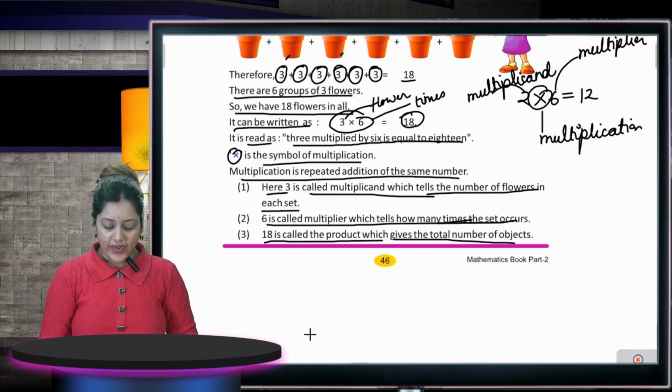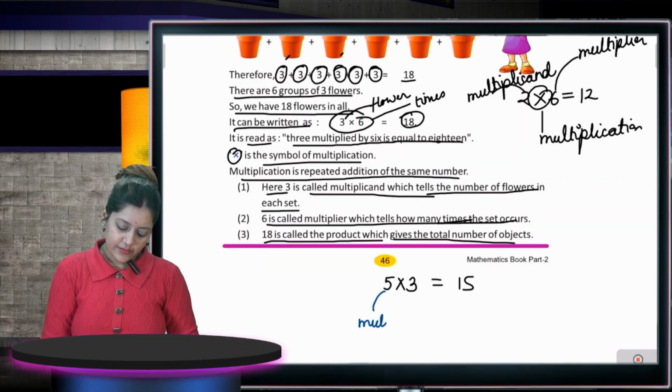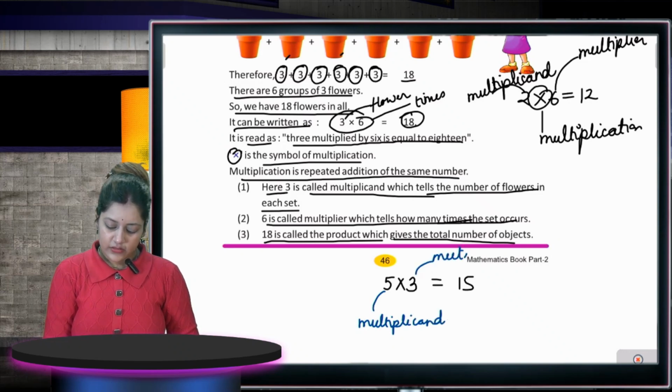If I write 5 into 3, that is 15. This is the multiplicand. This is the multiplier. And this is the product.